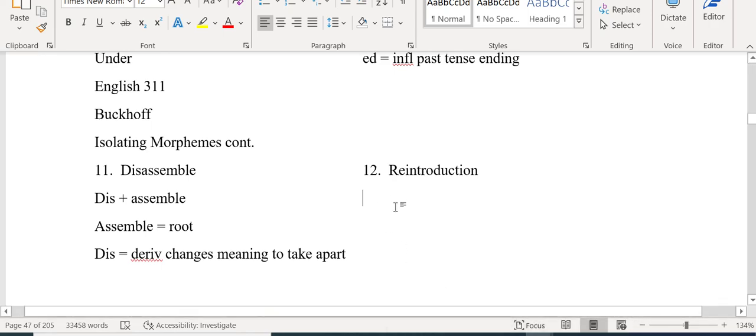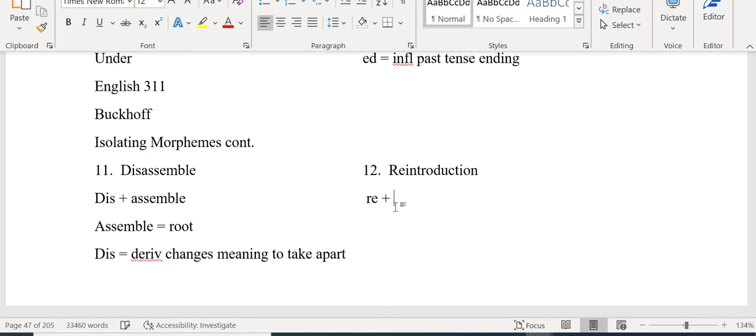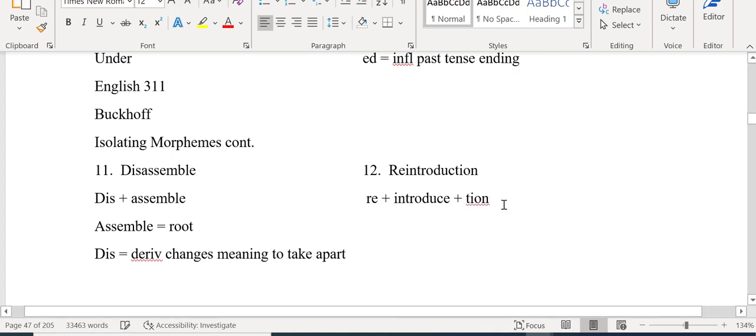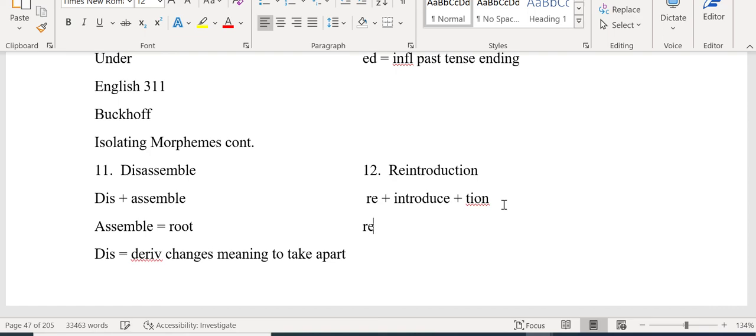Okay, so let's look at this. So we have reintroduction. We have re, introduce, plus tion. Right? So then we're going to go down there. We'll start with re and identify that. Then we will take a look at tion. Okay, so re is derivational.